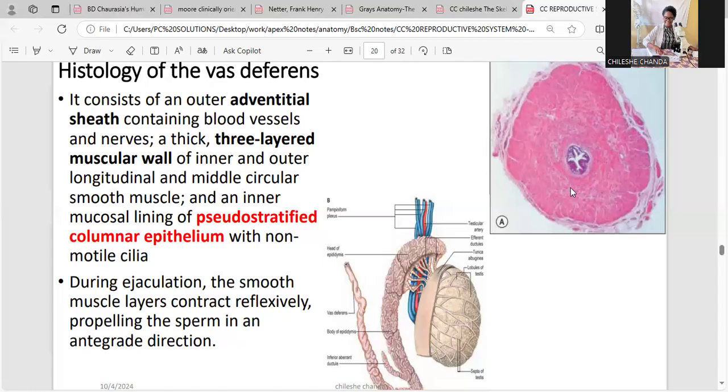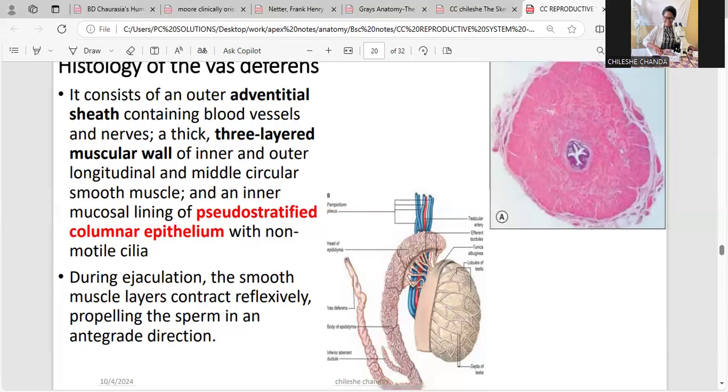But here in the middle, we have a circular layer of smooth muscle. So during ejaculation, the smooth muscle layers contract reflexively, propelling the sperm in an antegrade direction.